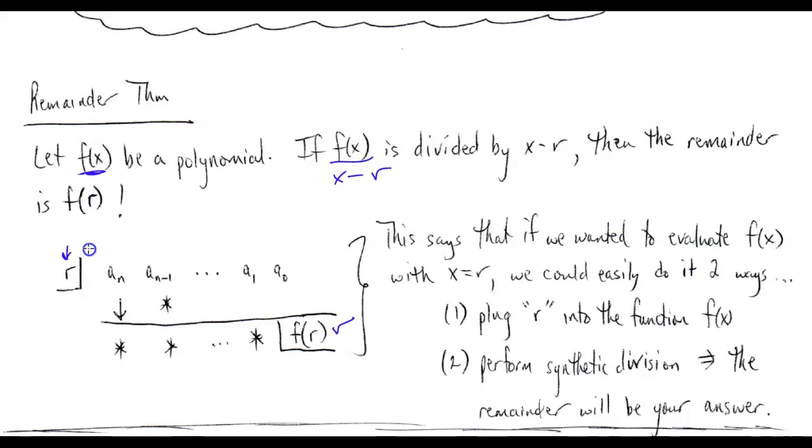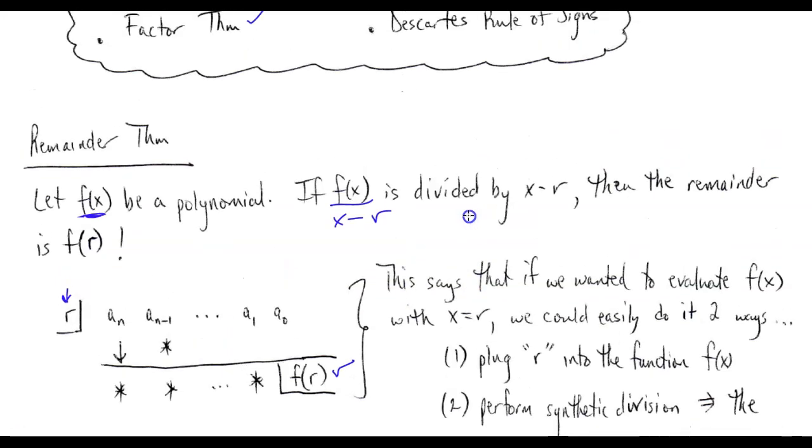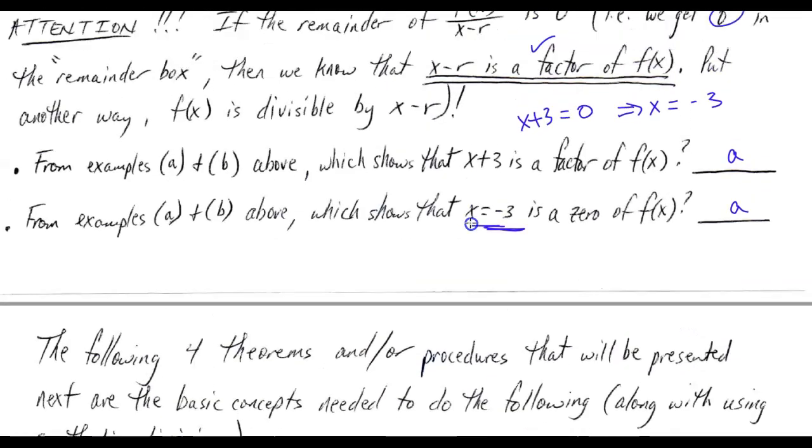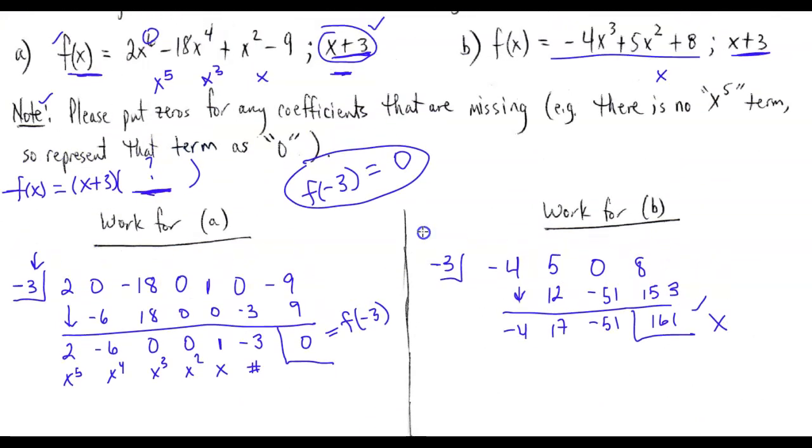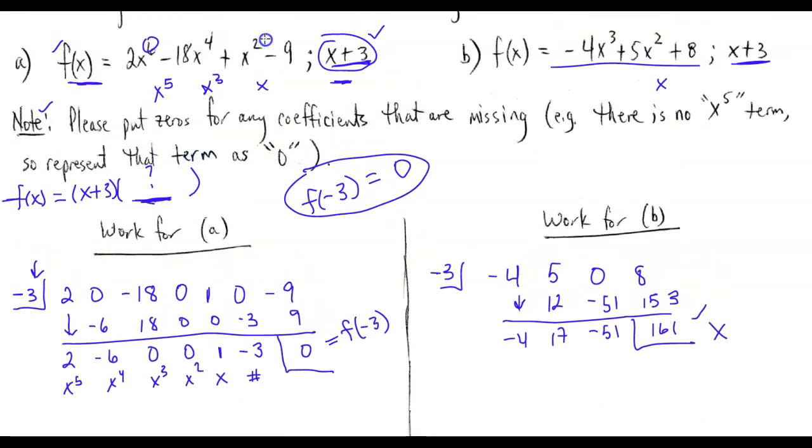Again, it's only potential because we're hoping we would get 0 in the remainder box, but if we don't, that's fine. So in general, synthetic division is another way of evaluating a polynomial. I'll go back to make this point crystallize. For this particular polynomial, we used -3 in our synthetic division, and we got 0.